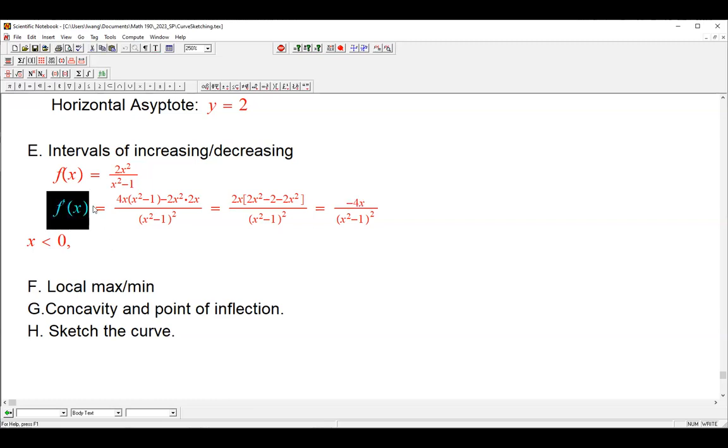The derivative of the function is going to be... no, wait, when x is negative, this is a positive, my bad. Okay, so f is increasing.